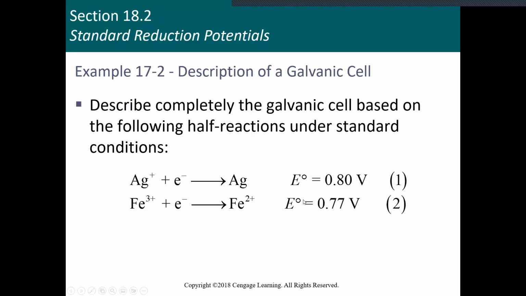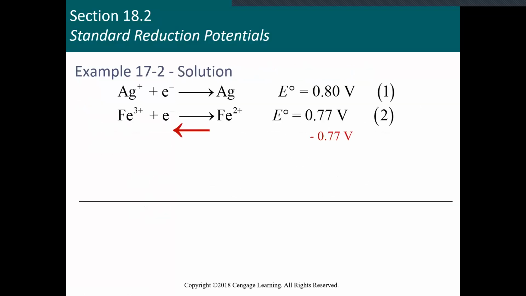You're going to change the sign, which makes this a negative, and add them, and this basically is going to go the other way. It's going to be oxidation. So that's all you have to do. So it's actually quite easy. Whatever is lower on the table, you change the sign and add them, and that'll be the voltage. And it doesn't matter how many electrons are involved.